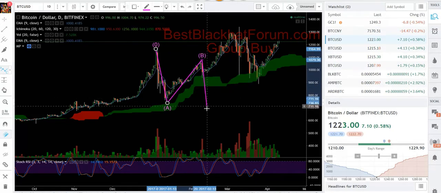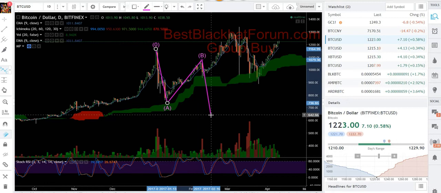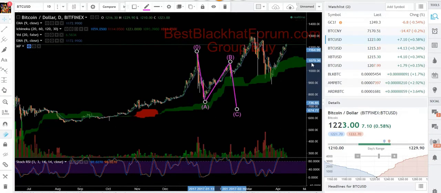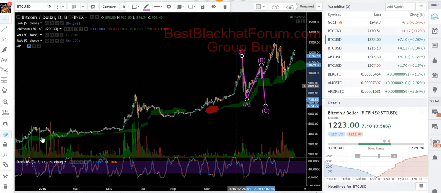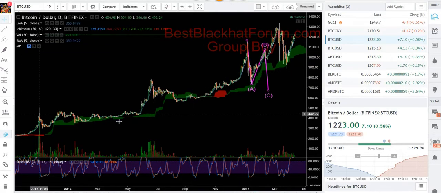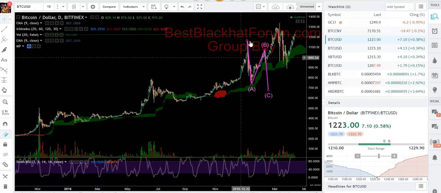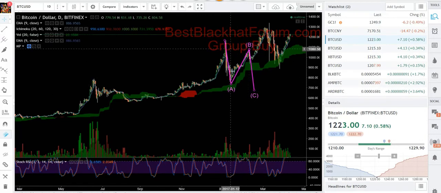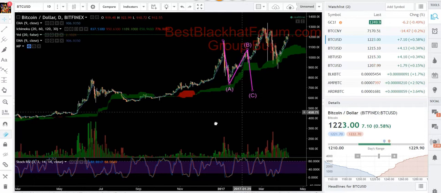I was really thinking that we were going to get a deeper correction in here, down to about 680 or so, based on the fact that our entire year we had made a huge run up. At that point, it looked like we had done a 1, 2, 3, 4, and a 5 of our wave. And it seemed like, if we were going to get an ABC retracement, this was the time it was going to happen. It really seemed like a good place for Bitcoin to sell down and breathe.